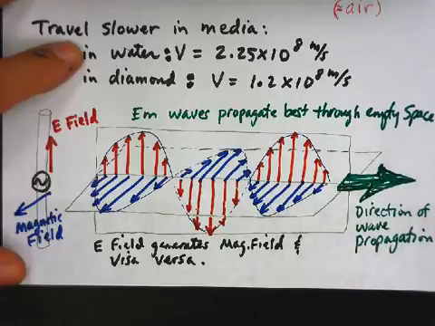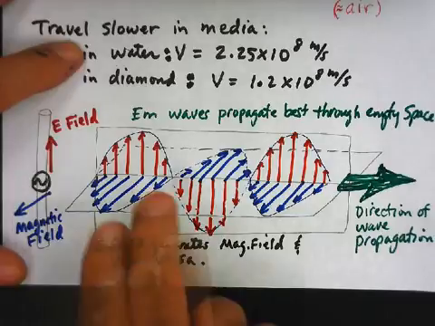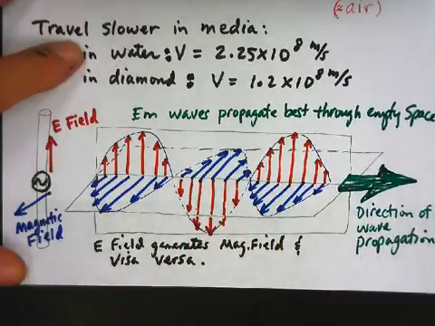So if some radio station transmitted a Jack Benny show or something like that 80 years ago, those radio waves are still traveling outward in the universe, and they're now about 75 light years away from us.